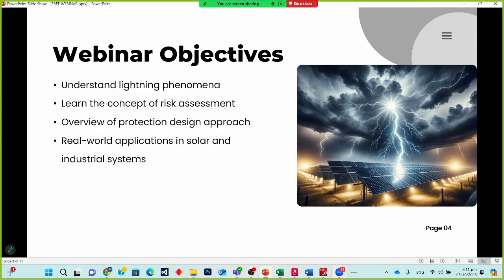First of all, when we need to design a solar system or any other electrical system, we have to do a risk assessment study. First, we analyze the risk present in the area where we are installing our solar system design.